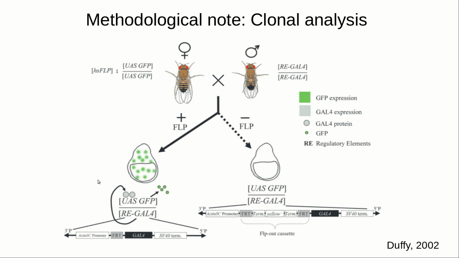As the cells grow, all the daughter cells of cells that have excised the cassette also carry the excised cassette, of course. So you get patches of cells like the ones in this figure that are expressing the gene that was under the UAS sequence.